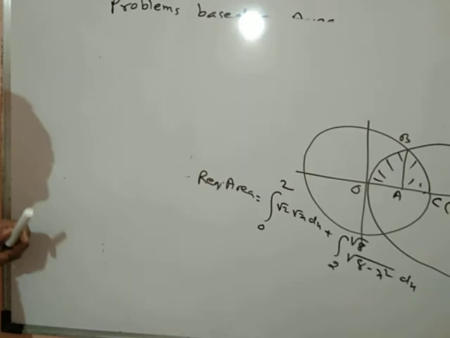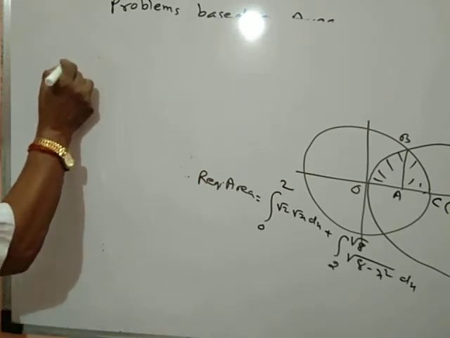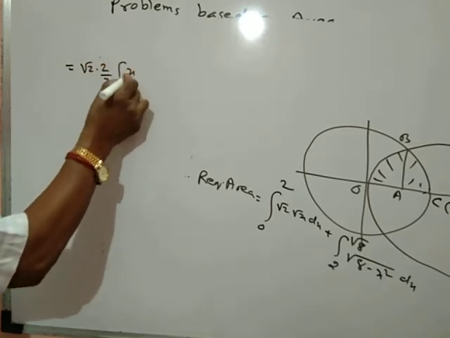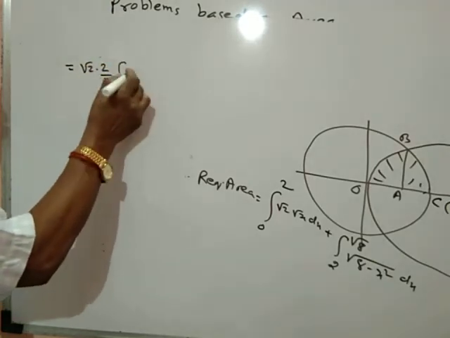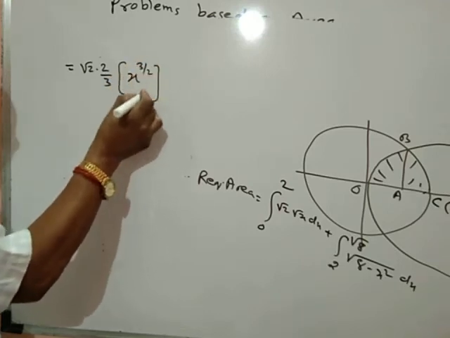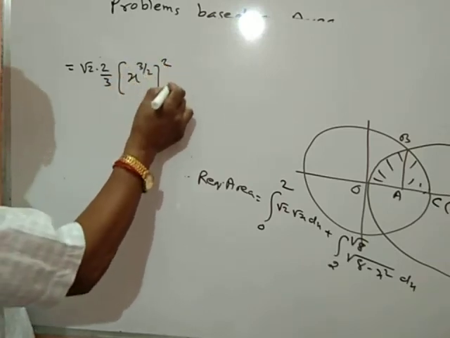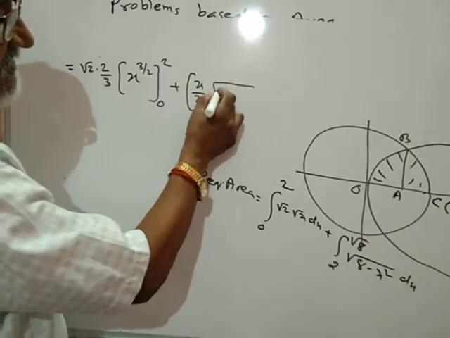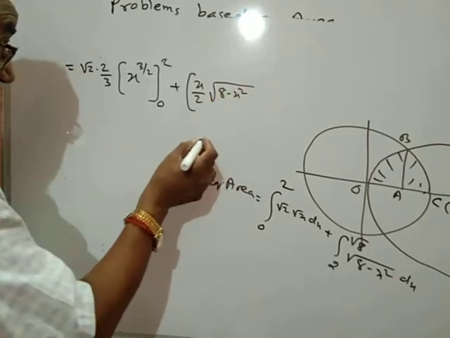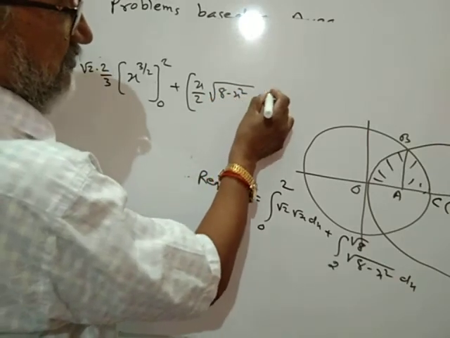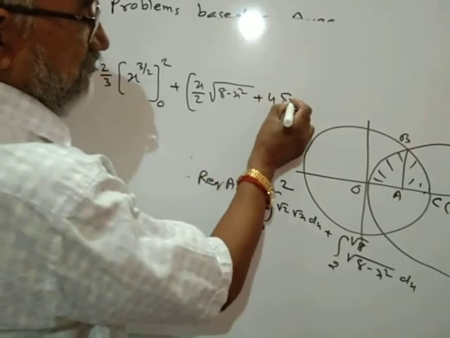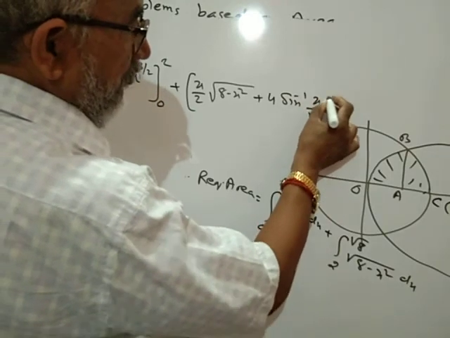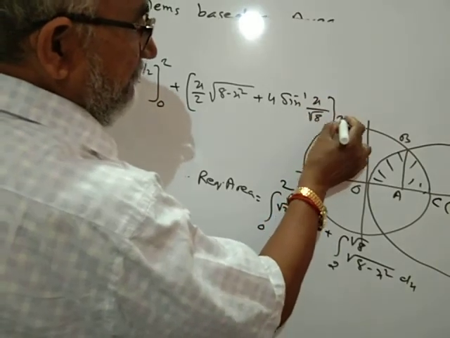So see here, this is equal to root 2 into 2 by 3 x raised to 3 by 2, 0 to 2, plus x by 2 under root 8 minus x square plus a square by 2, so plus 4 into sine inverse of x by a, that is x upon root 8, 2 to root 8.